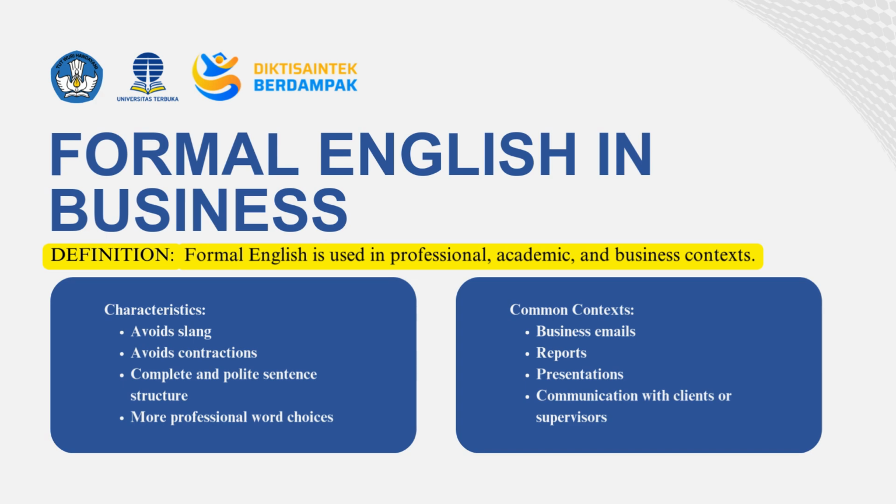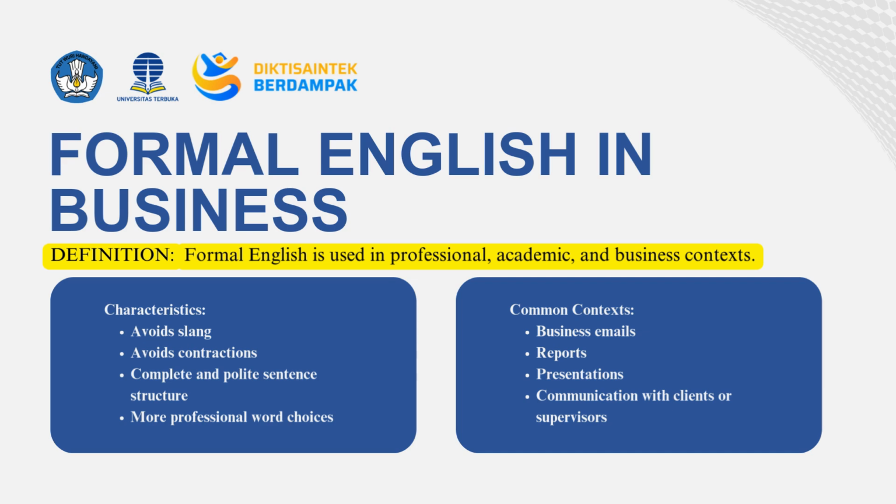Next, let's move to formal English in business. Formal English is used in professional, academic, and official situations. The goal is to sound polite, respectful, and professional. There are several key characteristics. Formal English usually avoids slang and contractions, so the sentences are more complete and carefully structured.